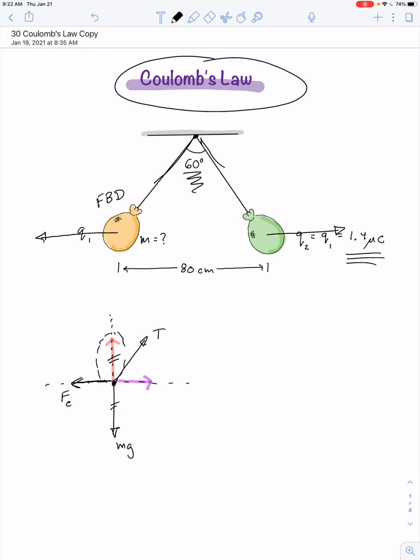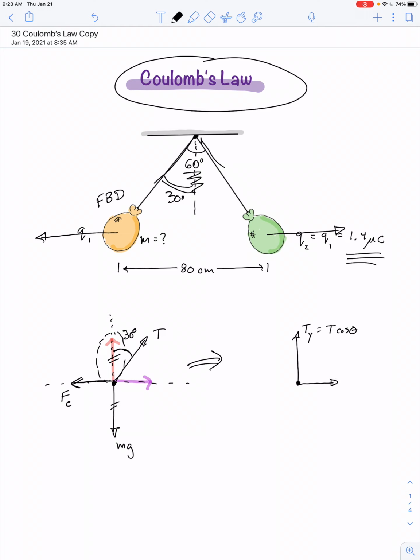Okay, so the angle, we can bisect the 60 degrees and say that each string makes an angle of 30 degrees from vertical. So if we incorporate that into our free body diagram, there's an angle of 30 degrees. So let's clean up the free body diagram, make it a resolved free body diagram. There's a component of tension Ty that's equal to T cosine theta.